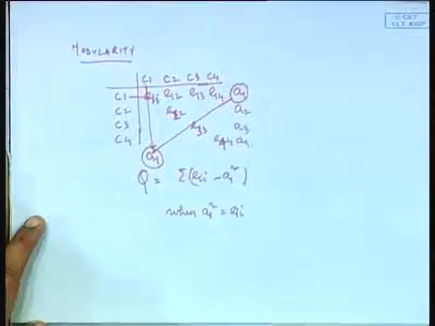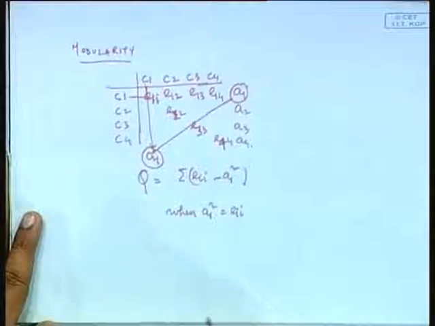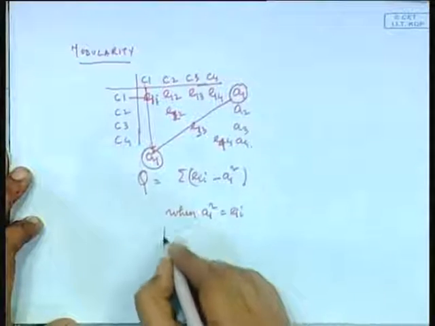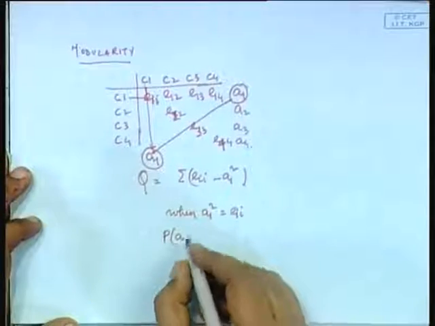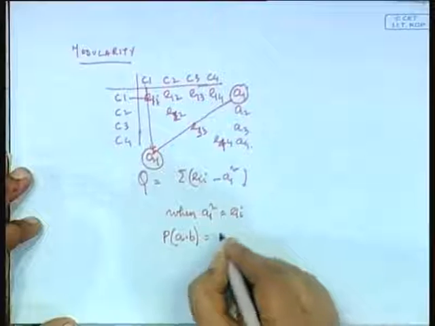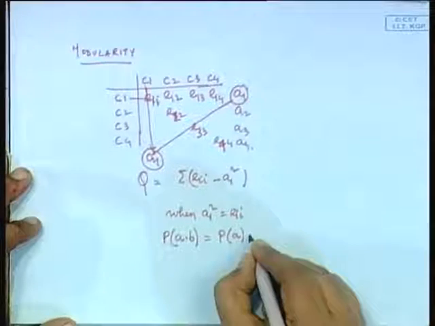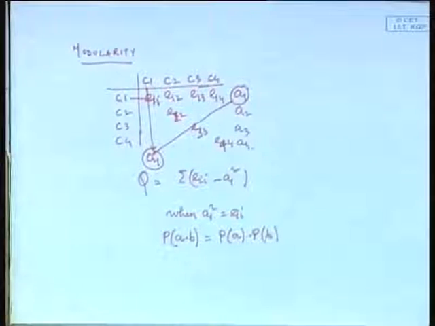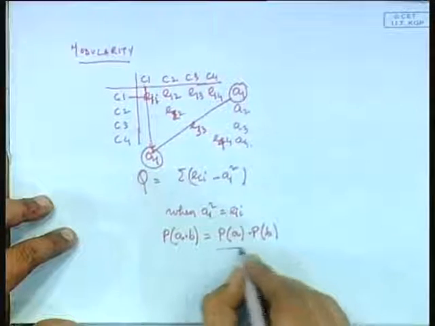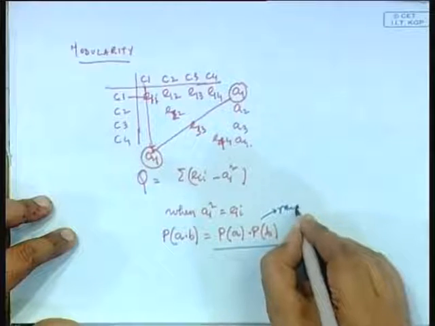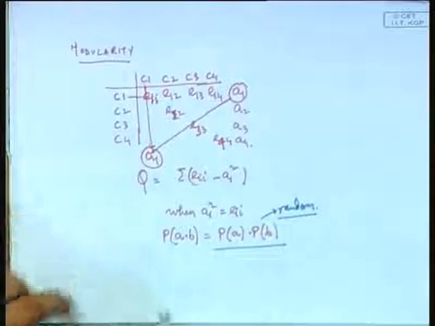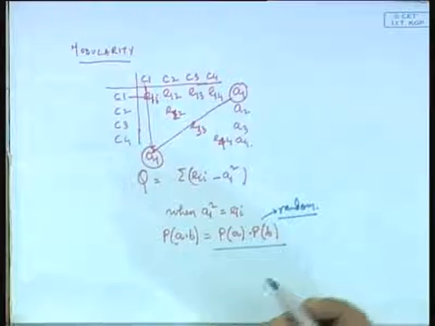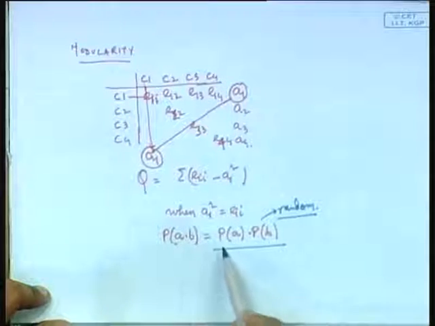From probability theory, if there is a random or independent occurrence, then P(A and B) is equal to P(A) into P(B).